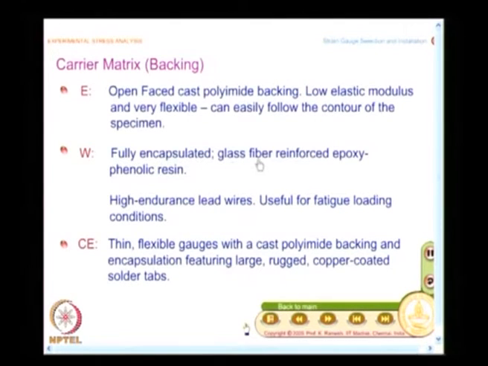You use a glass fiber reinforced epoxy phenolic resin, and CE denotes thin flexible gauges with a cast polyamide backing and encapsulation. So, this is a polyamide with encapsulation. W is glass fiber reinforced epoxy phenolic resin.